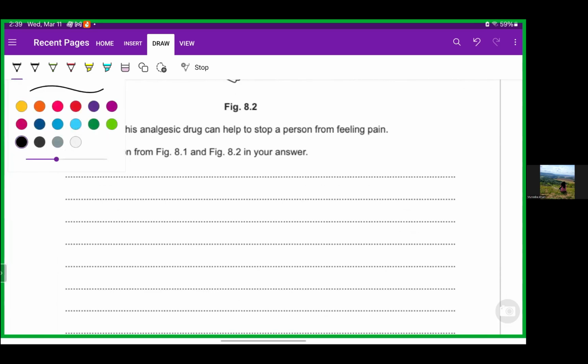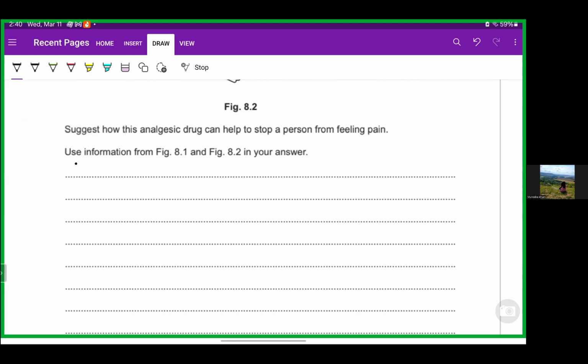These analgesic drugs have the same shape to the neurotransmitter which bind to those pain receptors. And obviously, when these drugs will bind to the receptors, the pain receptors, what will happen? The neurotransmitters which causes the pain stimulation, that will no longer be sent to our brain, and hence we will not be able to feel the pain.